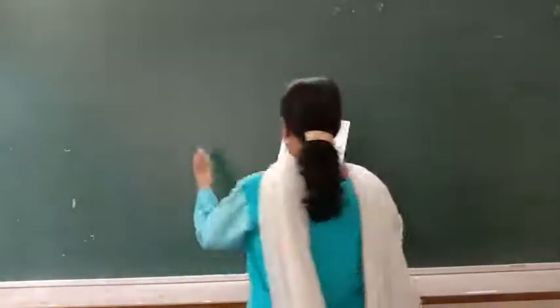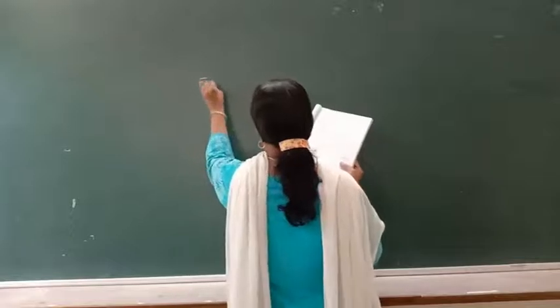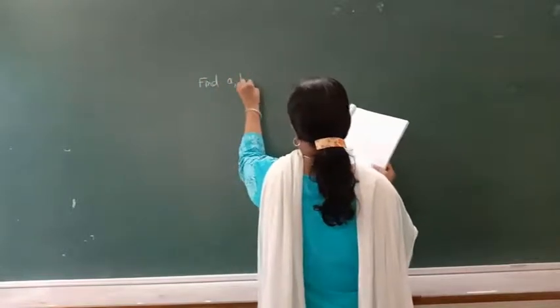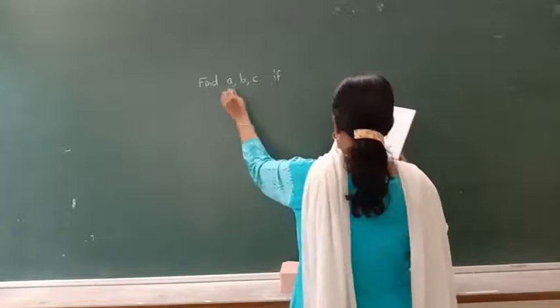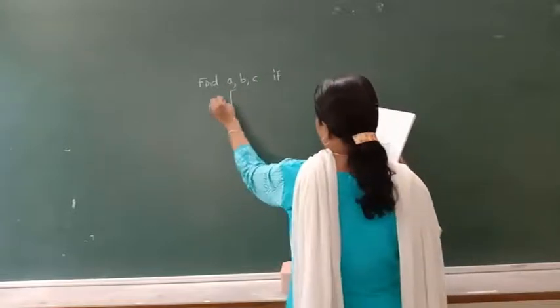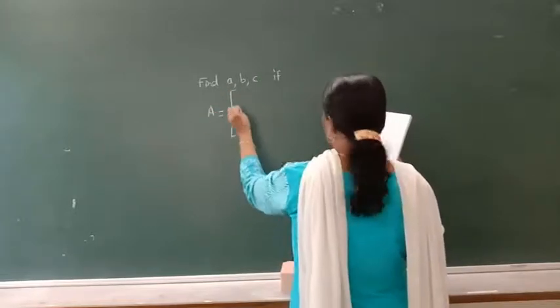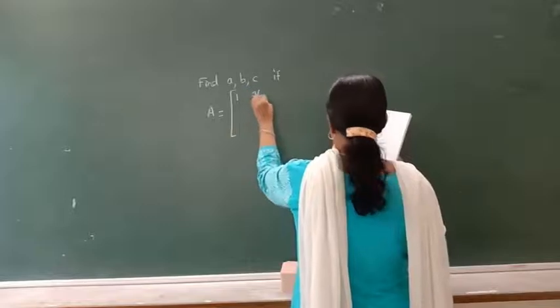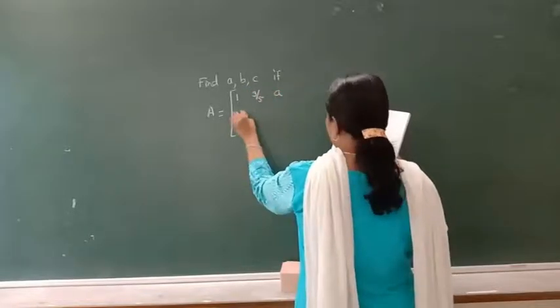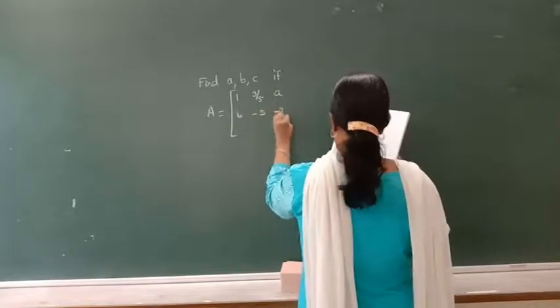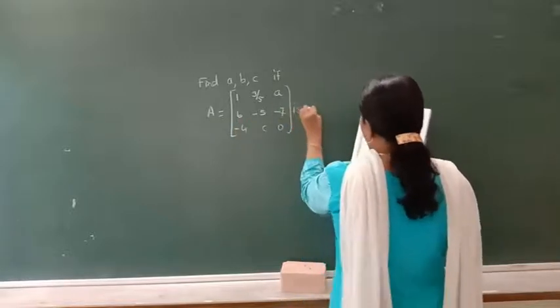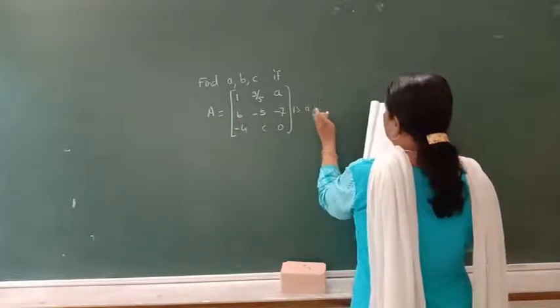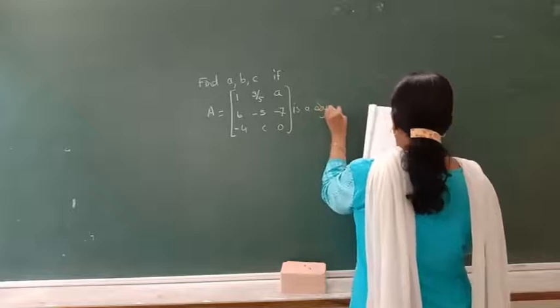Now find a, b, c if the given matrix, that is A, let it be A, [1 3 5a; b -5 -7; -4 c 0], is a symmetric matrix.